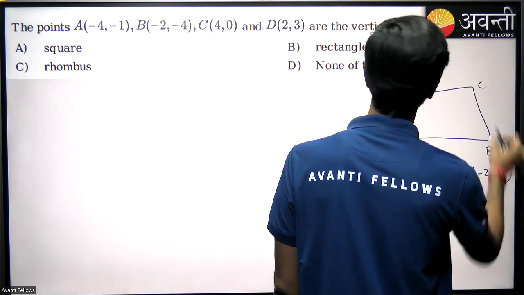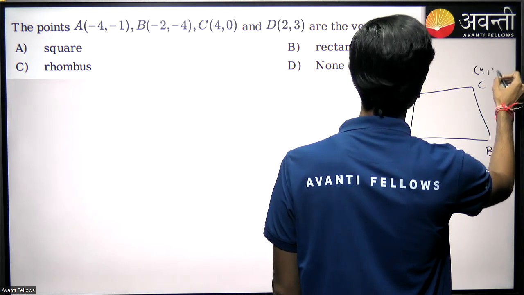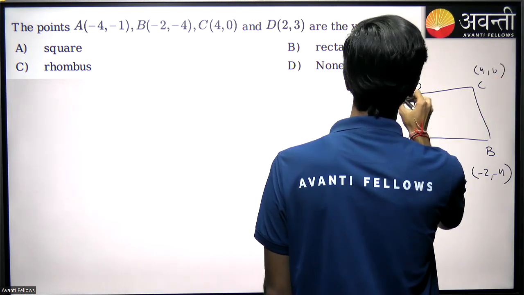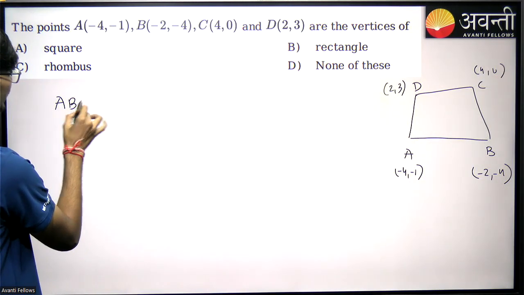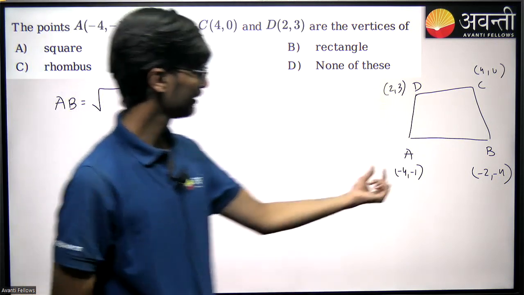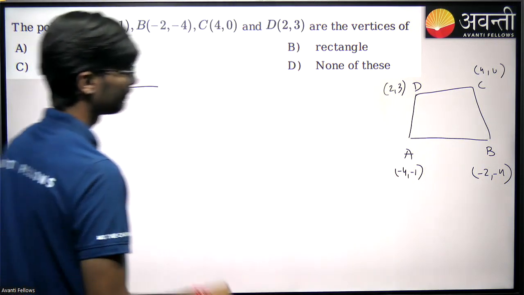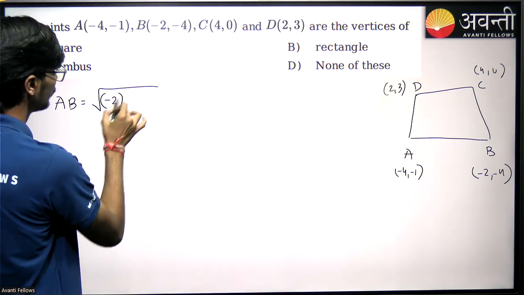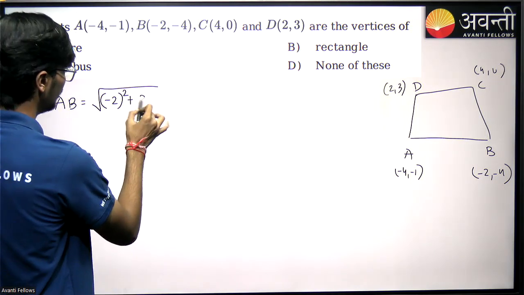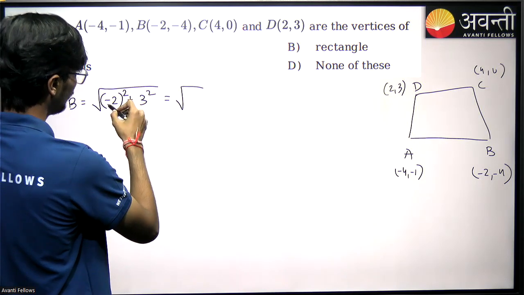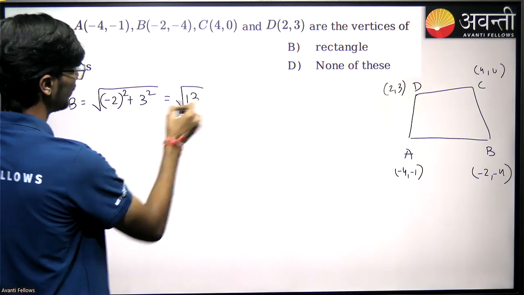Points are minus 2 comma minus 4, C is 4 comma 0, and D is 2 comma 3. So let's find distance AB. AB will be equal to under root of, I hope you know the distance formula, minus 4 plus 2, so minus 2 square plus minus 1 plus 4, 3 square. Under root of 4 plus 9, which is root 13.